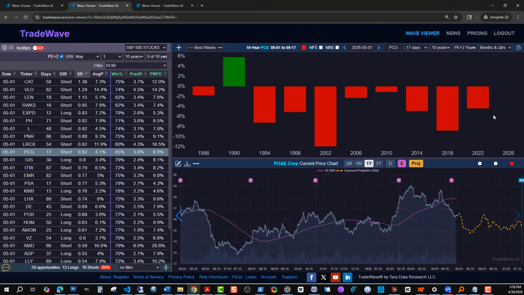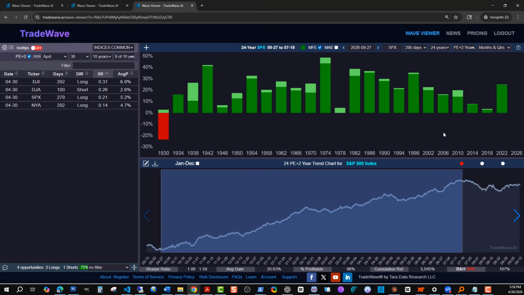I call that the 100-year pattern. I wrote a book, and the title of the book is The 100-Year Pattern, since it was never documented until this book was released. Here's the pattern. It starts on September 27th of midterm election years. It lasts 295 days until July 18th of the following year.